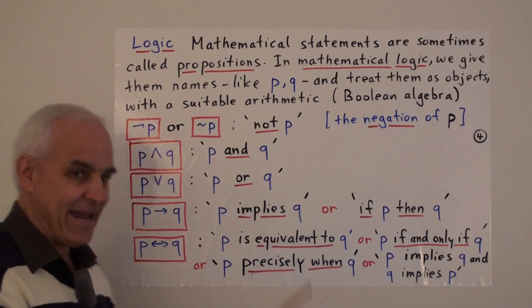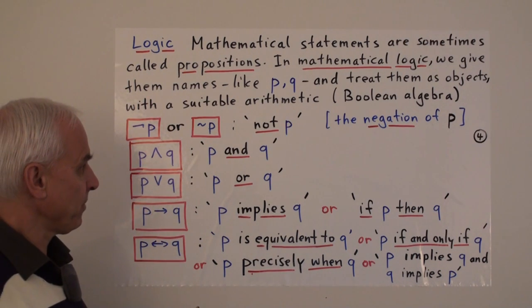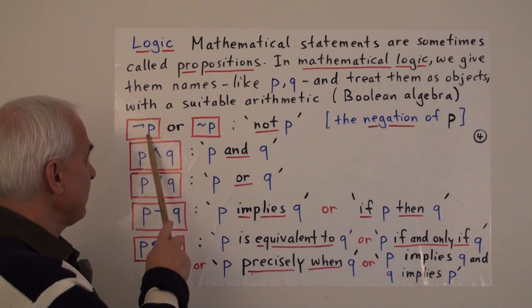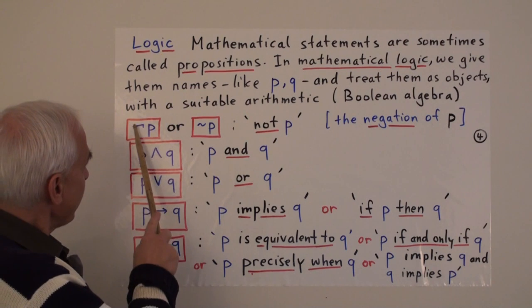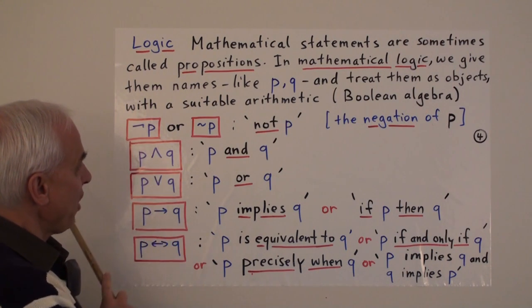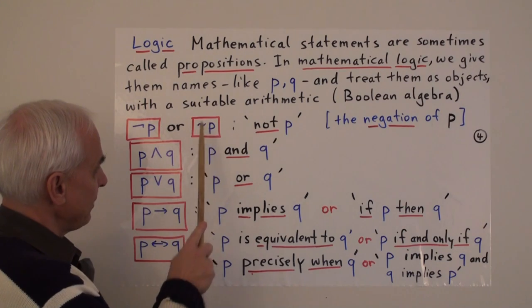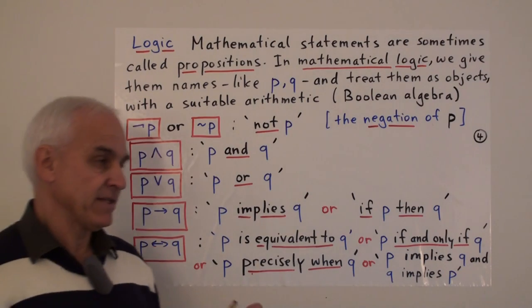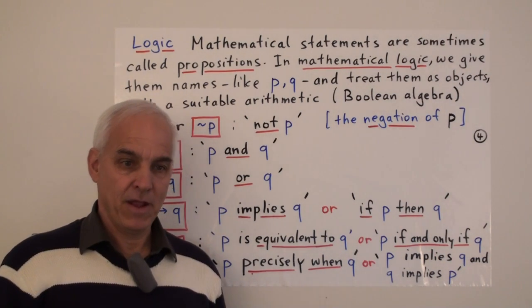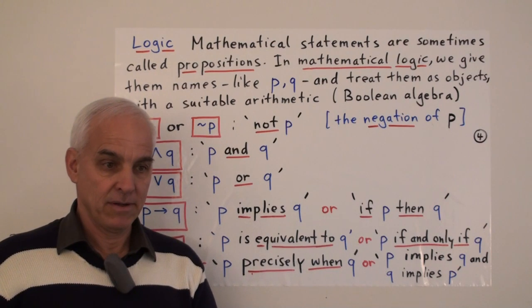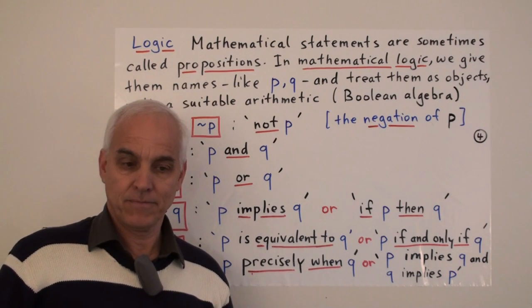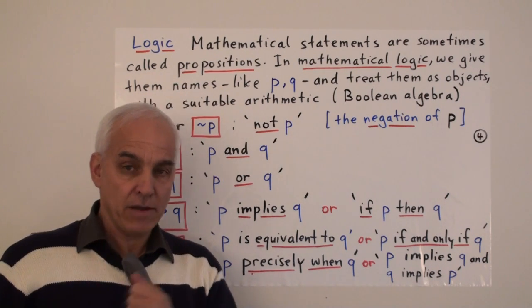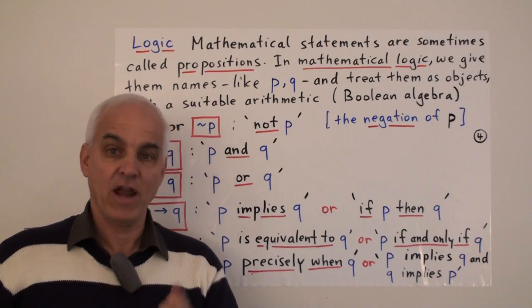Then we can form some related statements from P and Q. First of all, we can look at the negation of P. This is said not P. And sometimes we use a little symbol like this for not P, and sometimes there's a little symbol like this for not P. This is the negation of P. So if P is the statement, it is raining today, then not P would be the statement, it is not raining today. If P is the statement, 1 plus 1 equals 3, then not P would be the statement, 1 plus 1 does not equal 3.